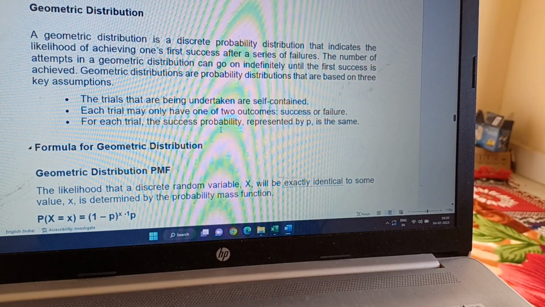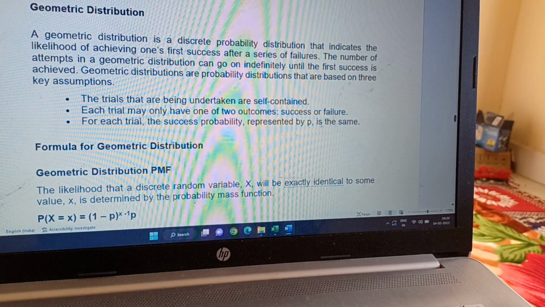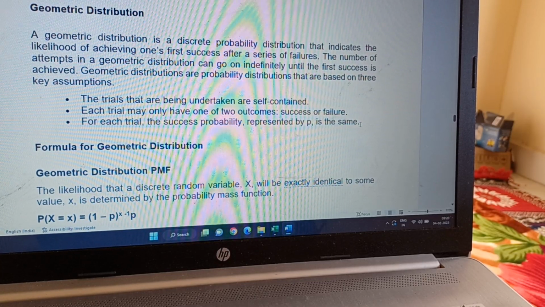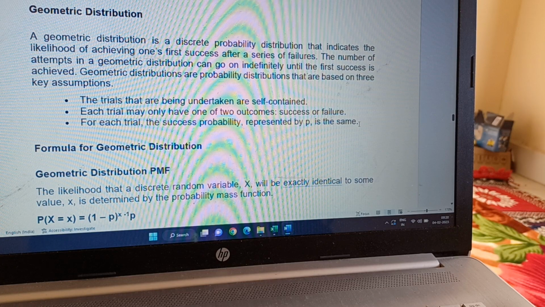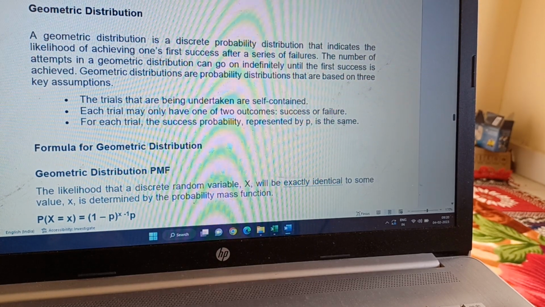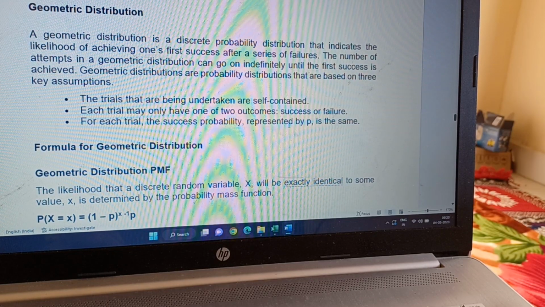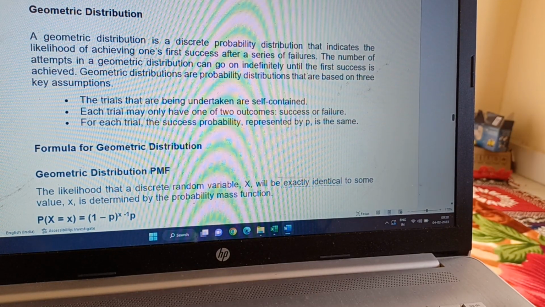And for each trial, the success probability, represented by P, is the same. It means geometric distribution is also with replacement, because P will not be the same if it is without replacement.